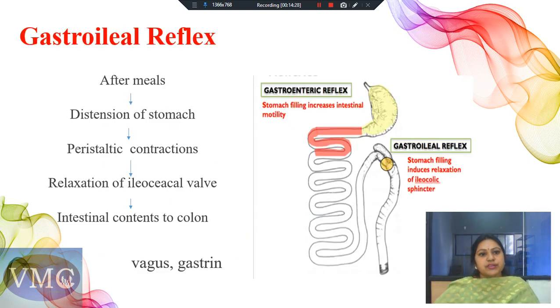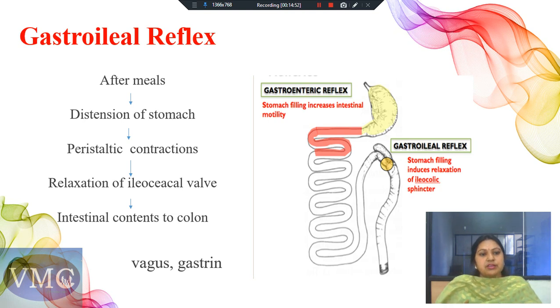So what is the gastroileal reflex? After taking meals, there is distension of your stomach. The stomach is filled up with food, and there are peristaltic contractions of the stomach. When that is occurring, information through the vagus and because of the gastrin goes to the ileum, and here it causes relaxation of the ileocecal sphincter so that food empties from the small intestine into the colon.